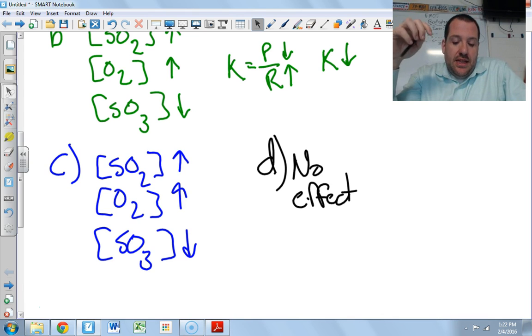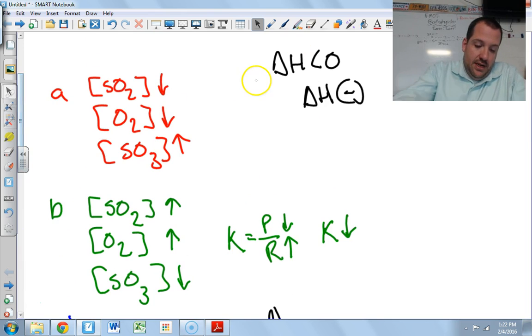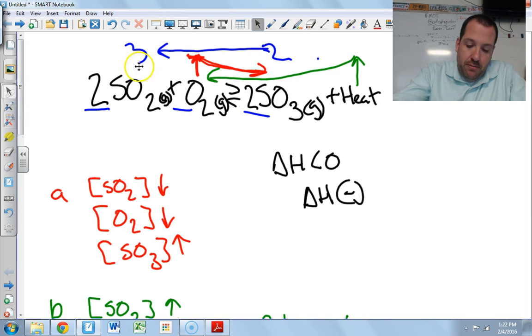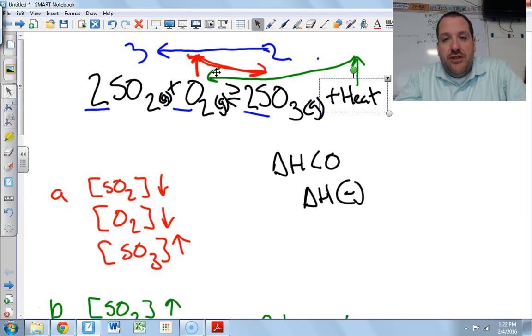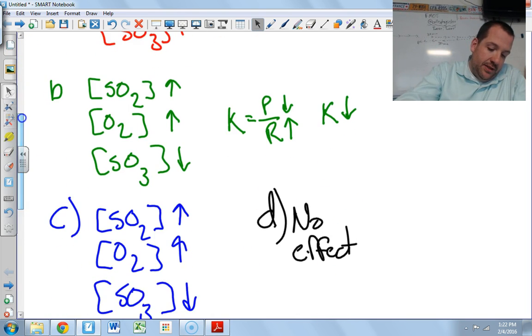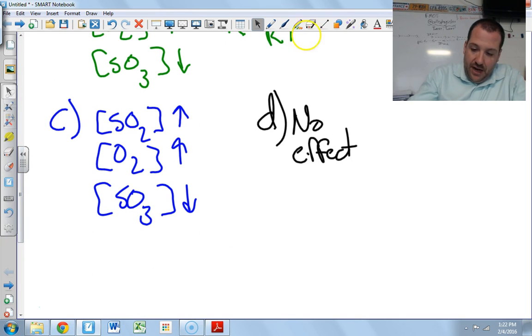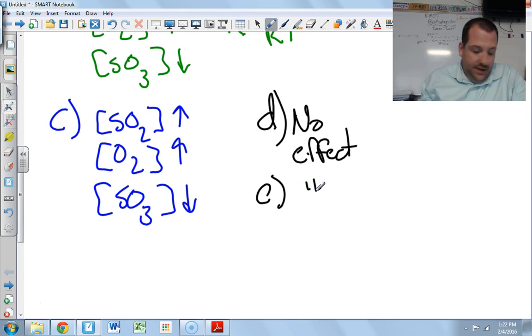The point is that it changes the pressure of everything equally. So the ratio of the pressures will stay the same, which means that it has no effect on the equilibrium position, no effect on the amount of stuff there. So E is also no effect.